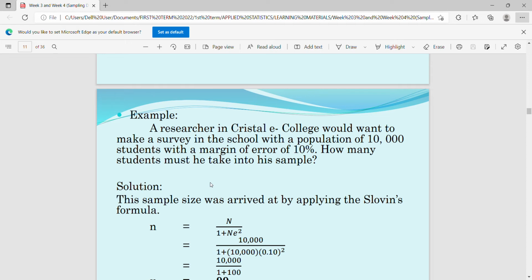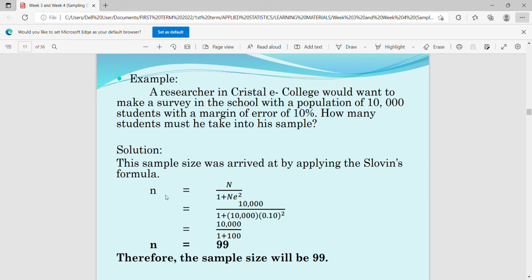For this example, we are given the population of 10,000 students and the margin of error of 10%. So we are going to find the number of the sample.